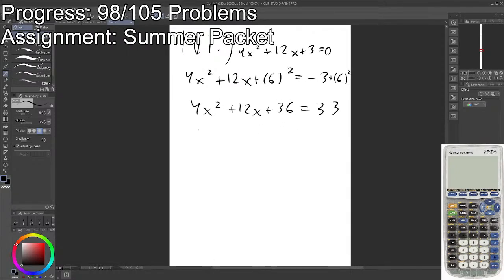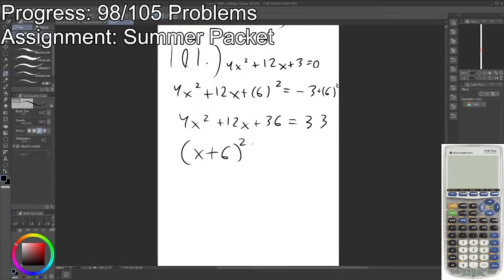Okay. X plus 6 squared. Try it. Or wait, 4x, 2x plus 6? What is it?